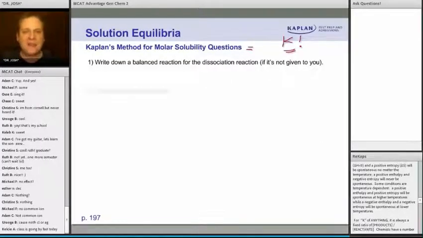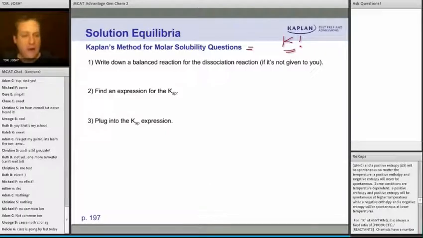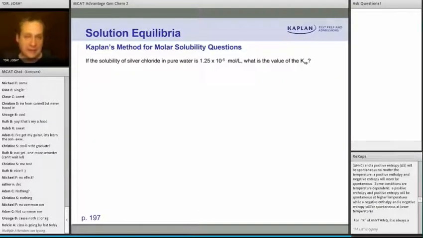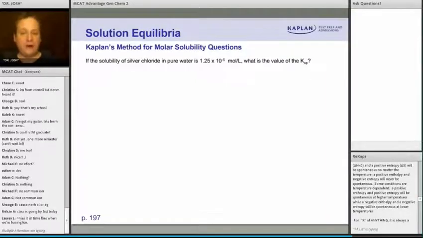It's 3 steps. It works every single time. Step 1 is to write a balanced reaction. Step 2, find the expression. Step 3, plug it in. Those are your steps on page 197. So we're going to do this together on 2 questions.